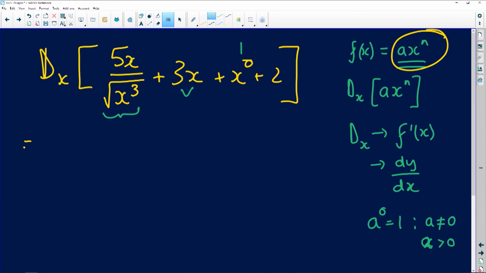We're still panel beating, so we keep the notation d/dx. This becomes 5x to the power of 1. That's a power there of 1. And this here, let's do it on the side for you. Let's first deal with the square root of x cubed.